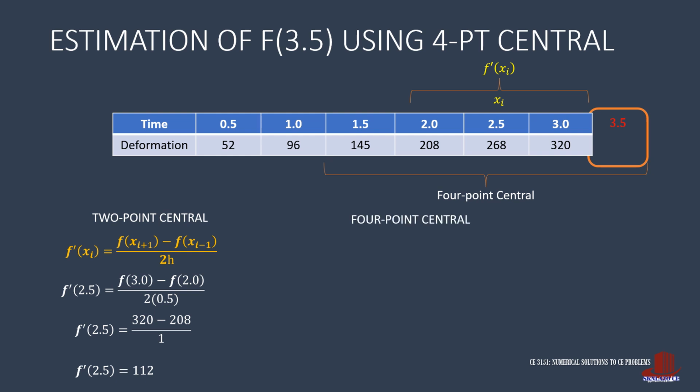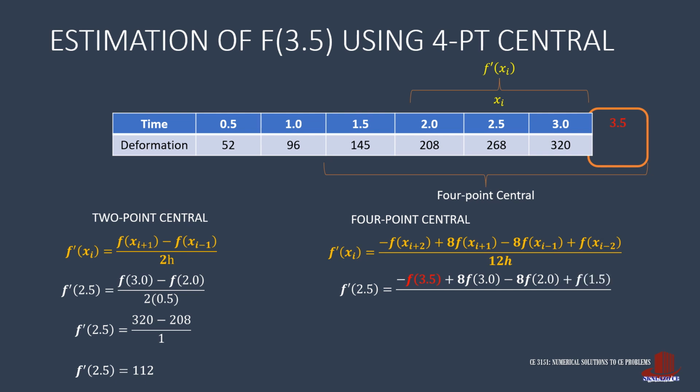Having this determined, use 4-point central to tackle the unknown. Its function is negative f of xi plus 2 plus 8 times f of xi plus 1 minus 8 times f of xi minus 1 plus f of xi minus 2 all upon 12h, which can be said as negative f of 3.5 plus 8 times of f of 3 minus 8 times of f of 2 plus f of 1.5 upon 12 times 0.5.